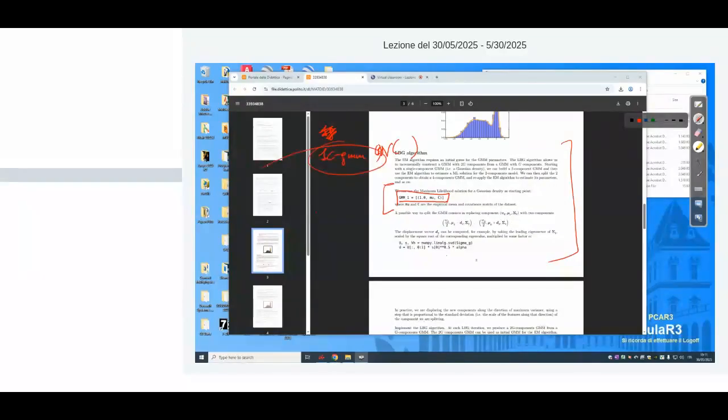Then we start with our algorithm. We fix the number of target components, which for this algorithm will typically be a power of 2. For example, let's say we want to reach a Gaussian model with 16 components. We take the components of this GMM, which has a single component, and split them.